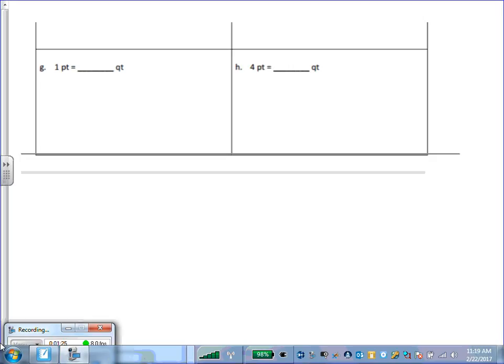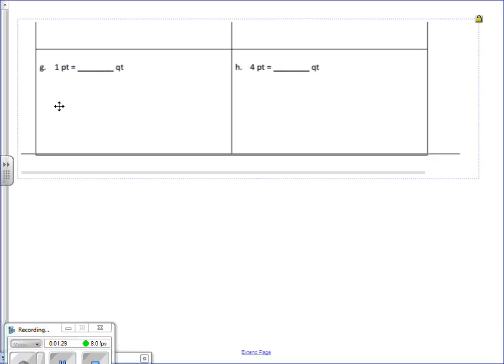So if you have 1 pint and you're going to quarts, you're going from a small unit to a big unit, which means you're dividing. When you're dividing, your unit should be written as a fraction, because a fraction is dividing.